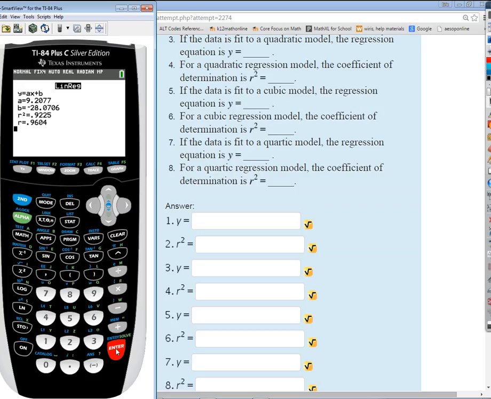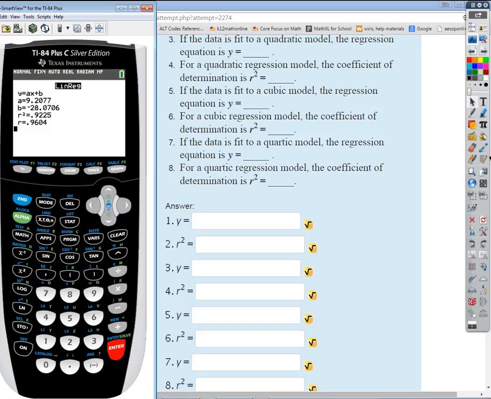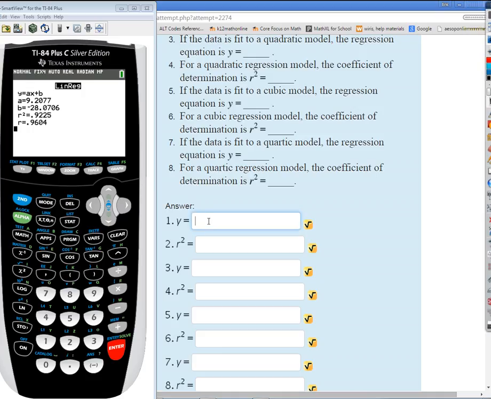Okay. So we end up with y equals, what should I put in here? What's my linear regression model? ax plus b, good. So 9.2077 times x, or just x would be fine, let's just put x, minus 28.0706.